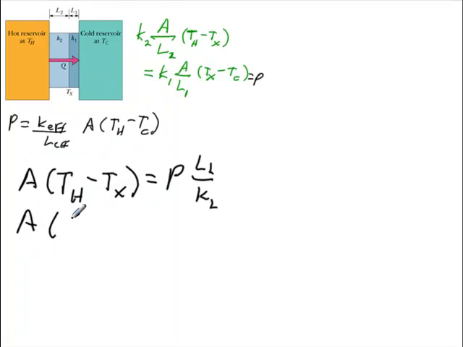A times Tx minus Tc is equal to the power times L1 over K1.